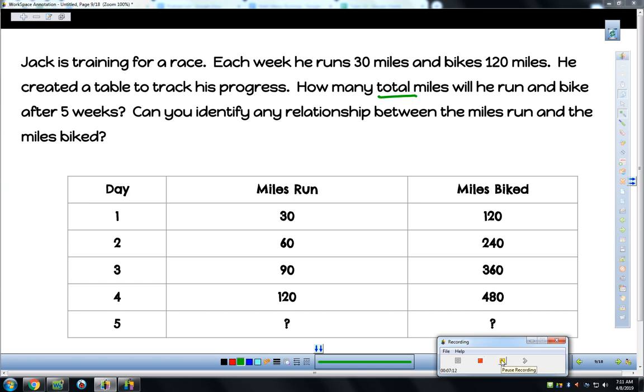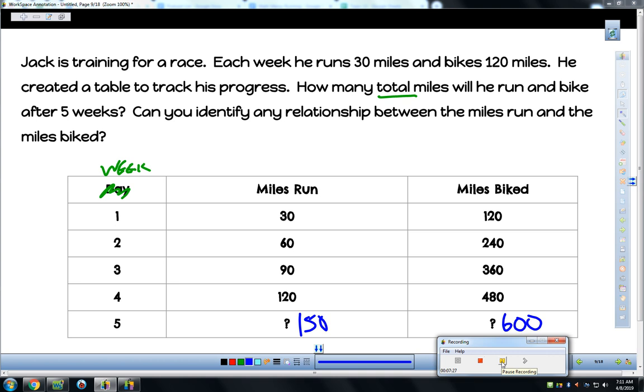First things first, this should say weeks. On week 5, how many miles did he run and bike? That's going to be our first step. So find that now. He ran 150 miles in week 5 and he biked 600 miles in week 5.